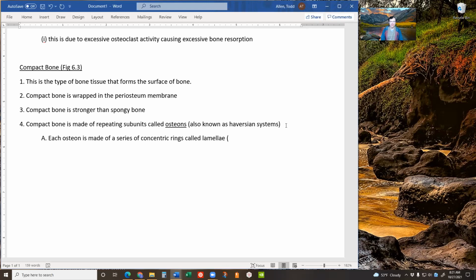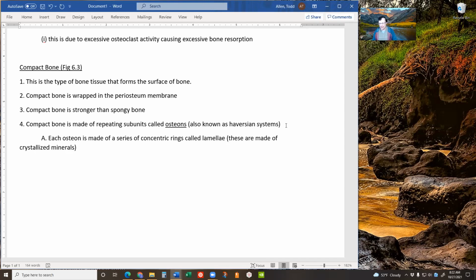Okay, these lamellae are really made of crystallized minerals, particularly the calcium and phosphorus minerals that I've been harping on for some time. And you notice that in the center of the osteon, in the center of these overlapping concentric rings, there's an open space.